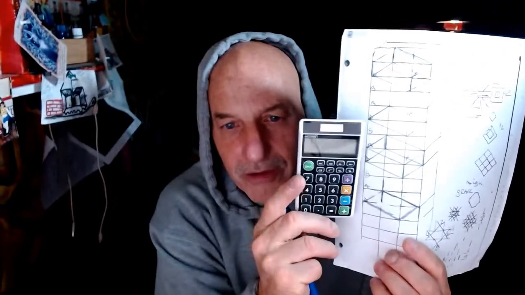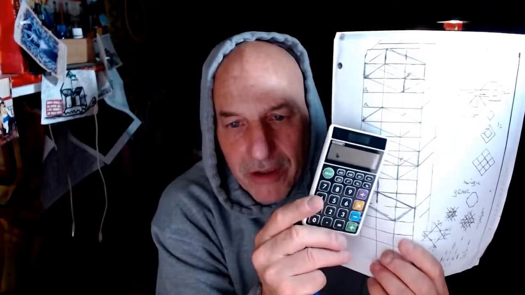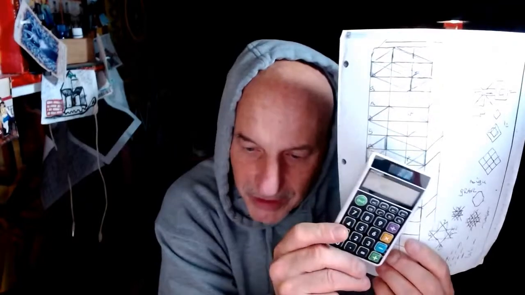Okay, so if you notice, I'm running 7 over to 6 and 4 over to 3. I use the top corner and then I use the bottom corner.